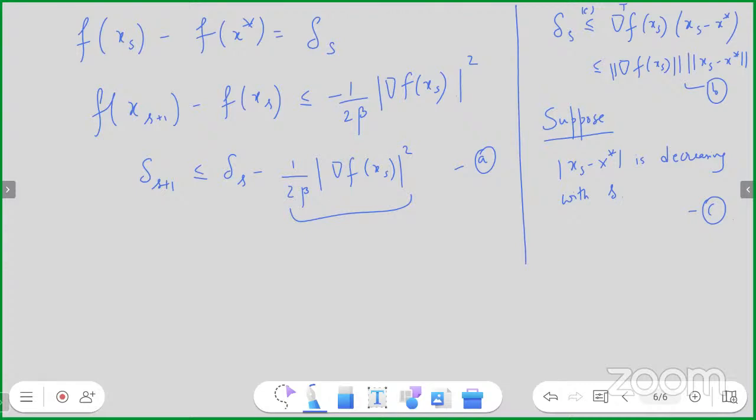So what will be the form of A you will get if you combine B and C? That's the most important thing. How can you write A when both B and C hold?